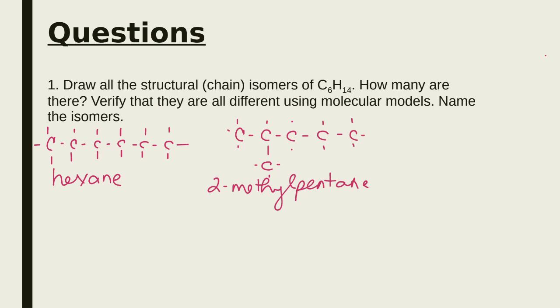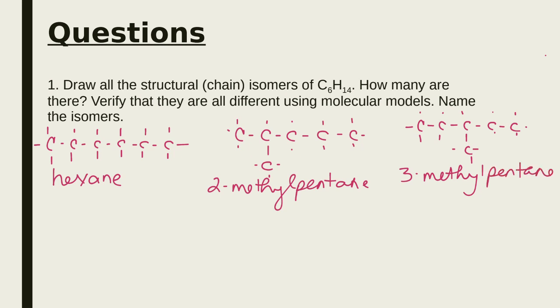Well, you could put that methyl group next door on carbon 3. If I put it on carbon 3 here, I get, again, a new name. I'm just going to put my hydrogens in for good form, but 3-methylpentane would be the name of this. And that's another isomer.